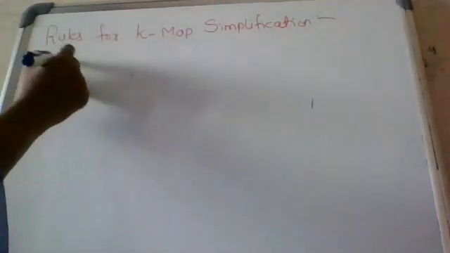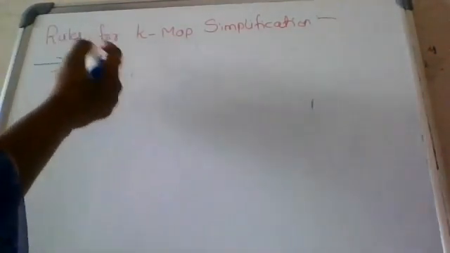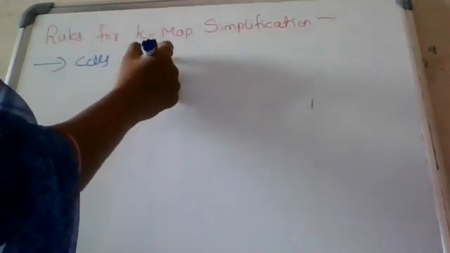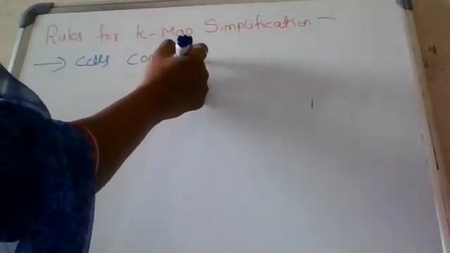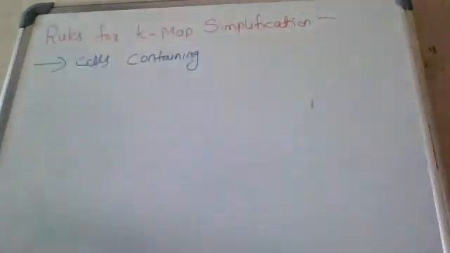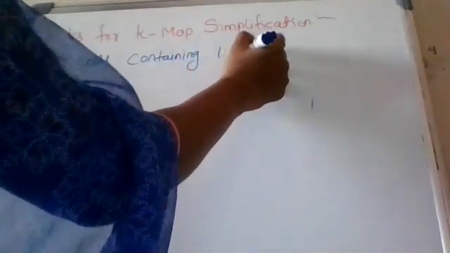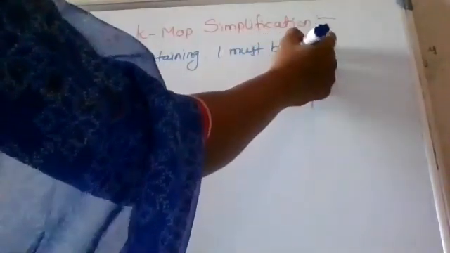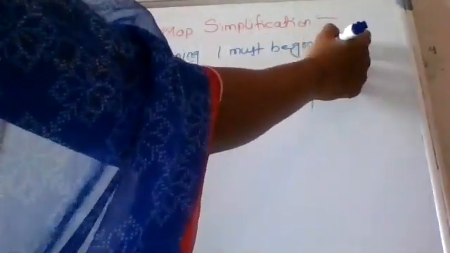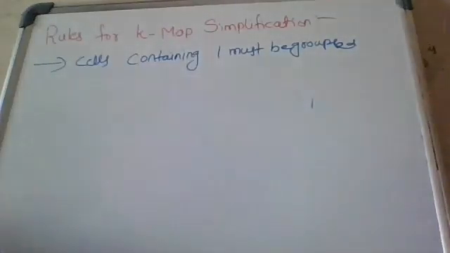Fourth point: cells containing one must be grouped. One must be grouped.